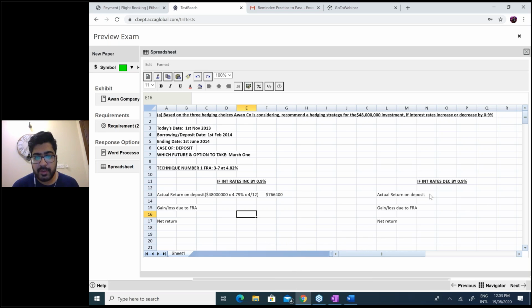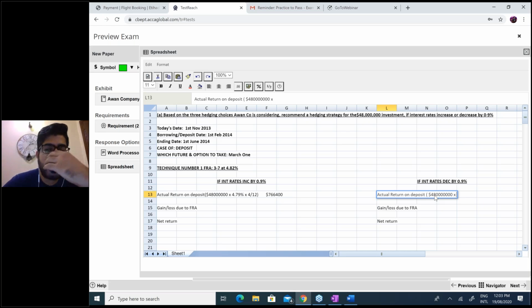Similarly, let's move here so that you get a sound idea. If interest rate decreased by 0.9, how do we find the actual return on deposit? Take the amount, $48 million, into the actual interest rate. You can invest at interbank rate 4.09 less 0.2%, 3.89.